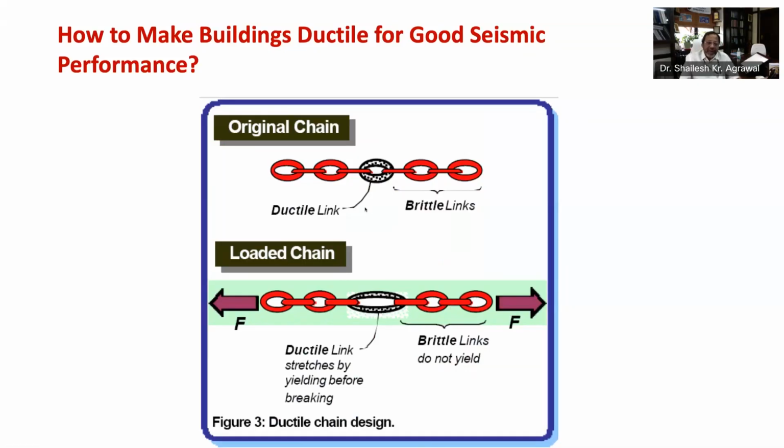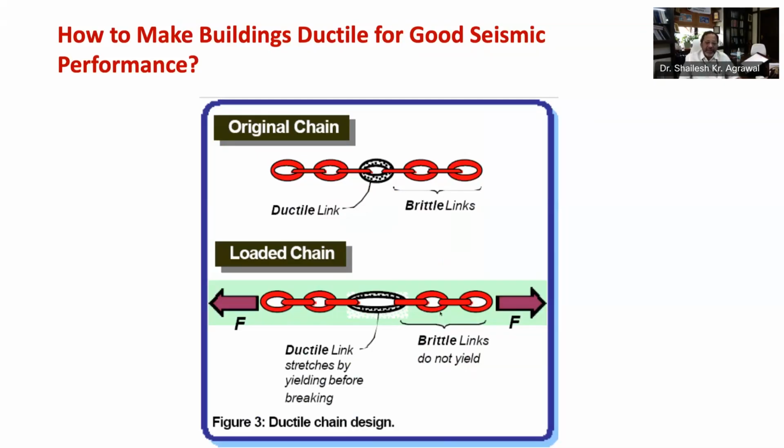So if the ductile link is weaker than the brittle links, then the chain will undergo large deformation or large elongation before failure. On the contrary, if the brittle link is weaker than the ductile link, then the chain will fail suddenly and show a small final elongation.